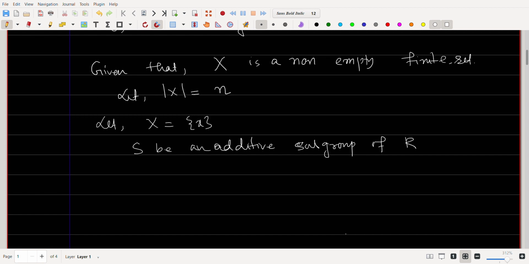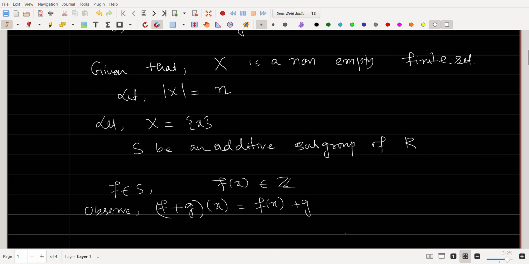Fine. So now what you can see is that if you take any f, then f(x) belongs to Z. Observe that (f plus g)(x) is equal to f(x) plus g(x). This is in R, right?